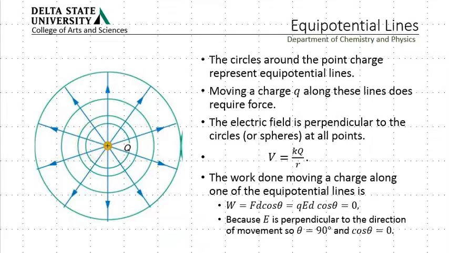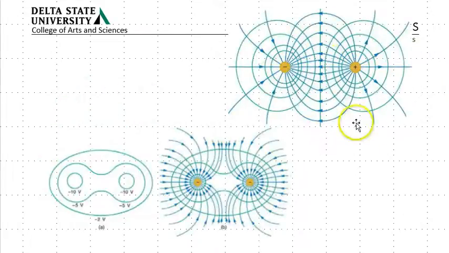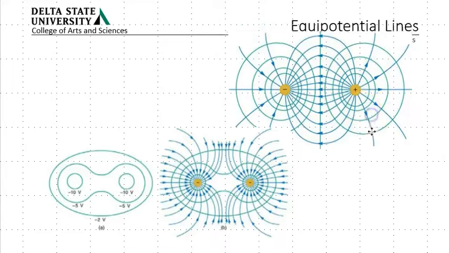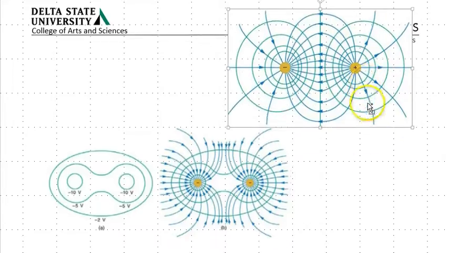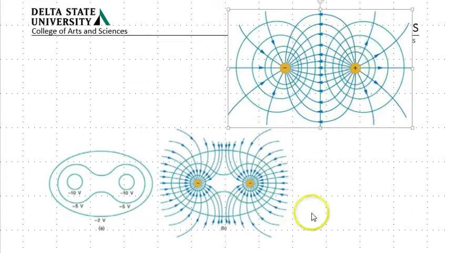If we begin to try and imagine what the electric field and equipotential lines look like for other charges, well, here are a couple of different scenarios. Here's a plus charge and a minus charge. And remember, the electric field goes from plus to minus, so you end up with these shapes like this. These lines go way out and back in, until you get to this line that goes straight out, goes all the way to infinity and can be imagined to then wrap back around and come in from the other way.